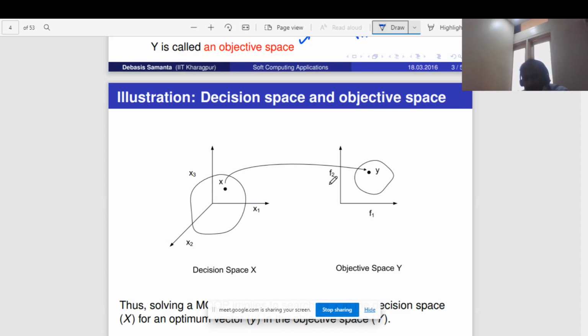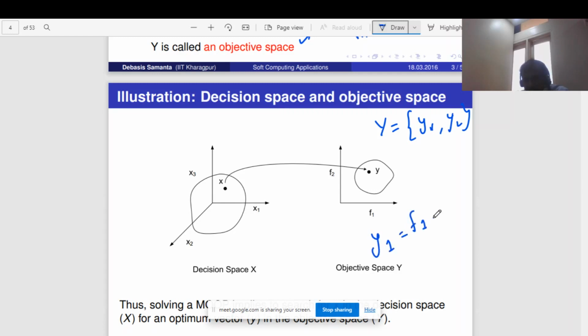Based on the two functions we have to identify some output. Here y actually contains two values, y1 and y2. y1 is equal to f1(x), and y2 is equal to f2(x).